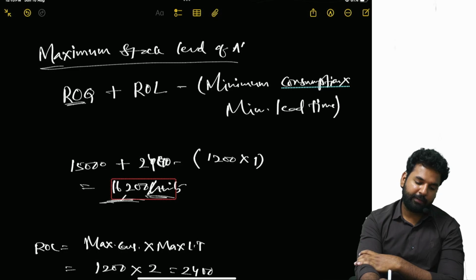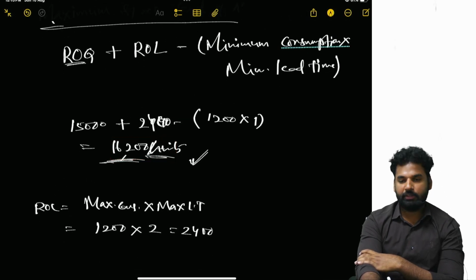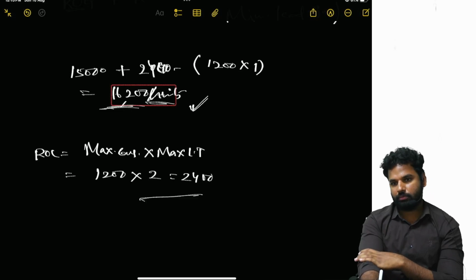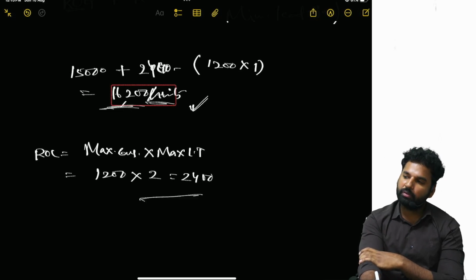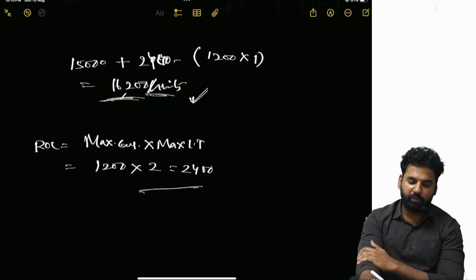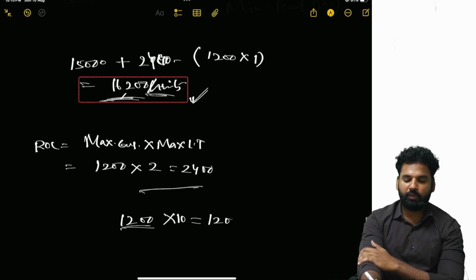But here we are getting 16,200. See, goods are perishable in nature, and the expiry date is 10 days. So each day we use 1200 units, so into 10 means 12,000 units.